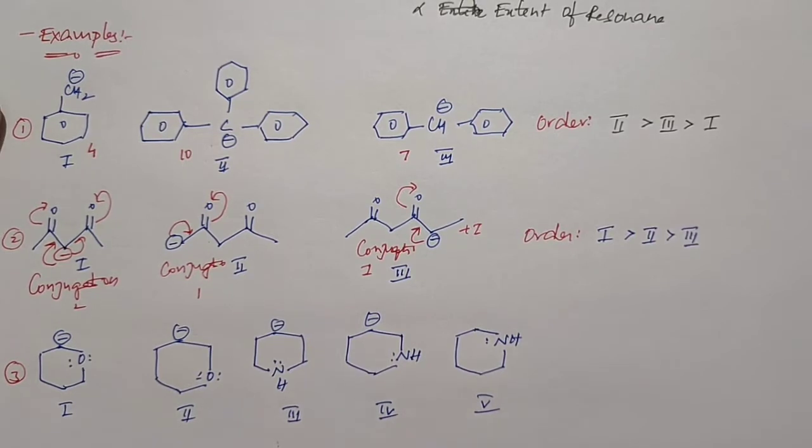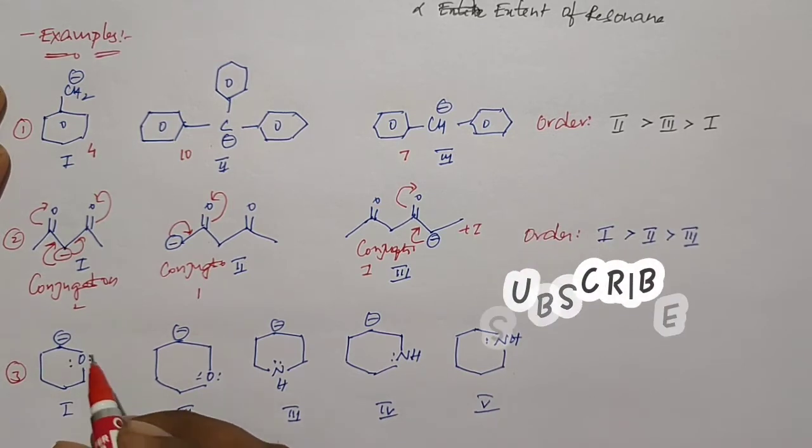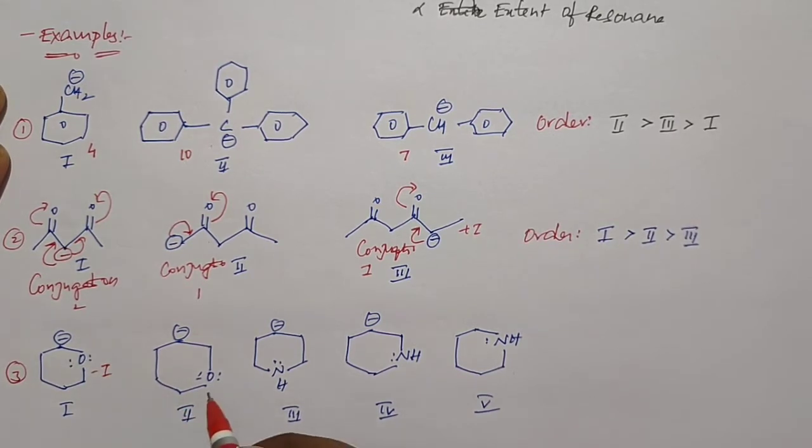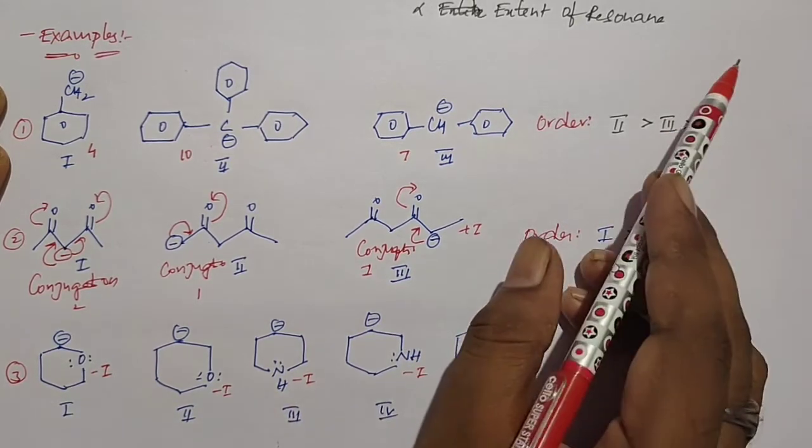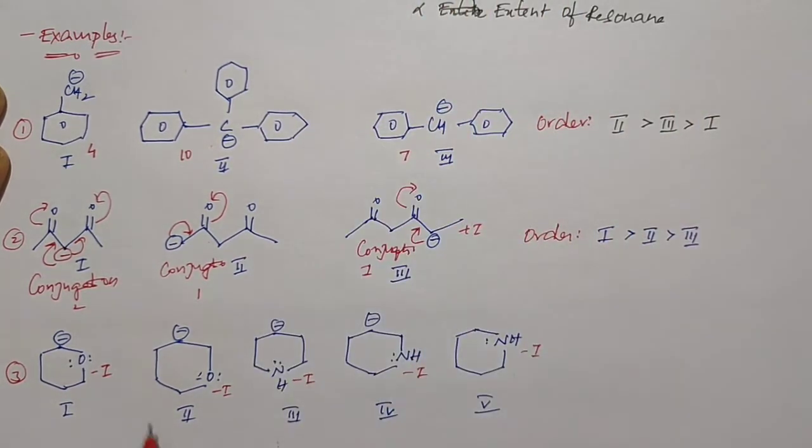Next, in the third example, we have 5 structures. In these structures, oxygen and nitrogen atoms are present in the ring, so it is an example of heterocyclic compounds. Here oxygen, having a negative charge, shows the minus I effect; all show the minus I effect like that. The minus I effect increases the stability of carbanion.